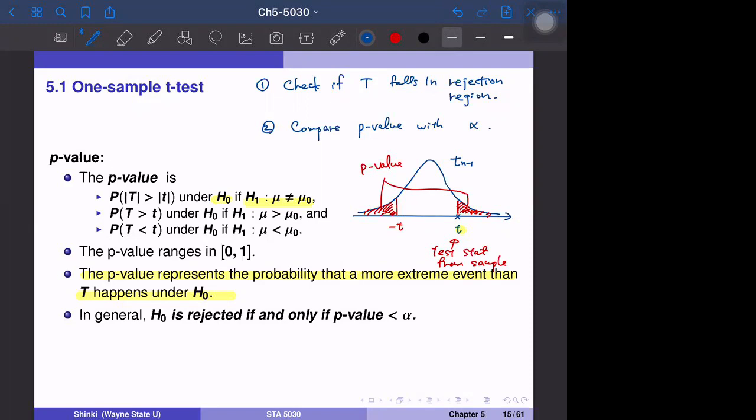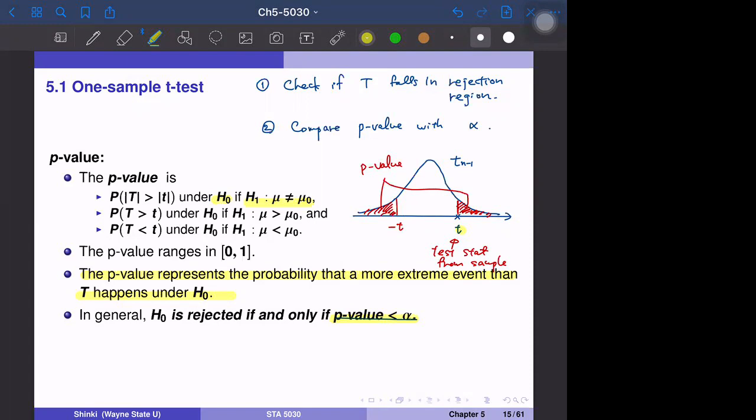By the definition of the p-value and the idea of statistical testing, we reject H0 if and only if the p-value is less than alpha. So if our test statistic is extreme enough, then we reject the null hypothesis. So this is the idea of the p-value.